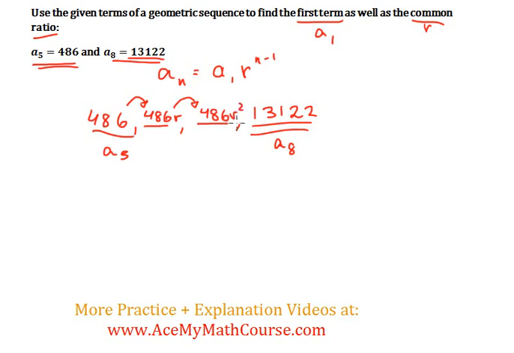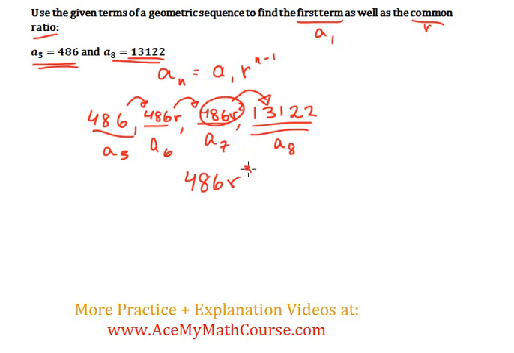So we get 486r squared. Now, to go from the seventh term to the eighth term, all I need to do is multiply by r again.